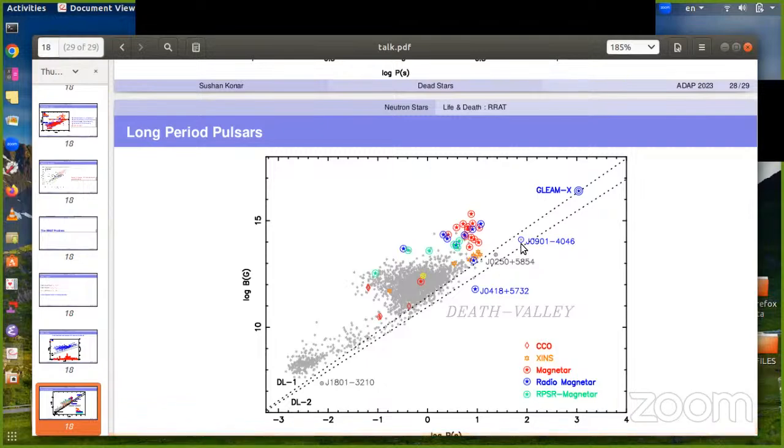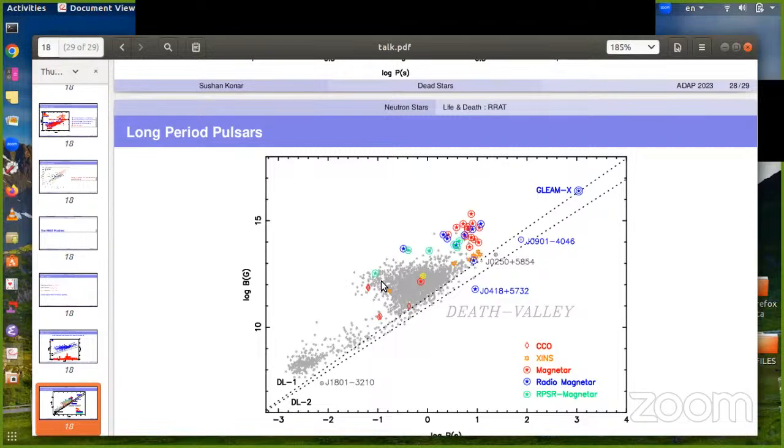They behave like radio pulsars. Their characteristics are somewhat different from radio pulsars here, which is expected because the magnetic field is very, very strong. But they are radio pulsars. They are not magnetars. Some of them are radio magnetars in the sense that they are actually magnetars, but we see radio pulses from them. So we have large period, strong magnetic field radio pulsars, which are not magnetars.